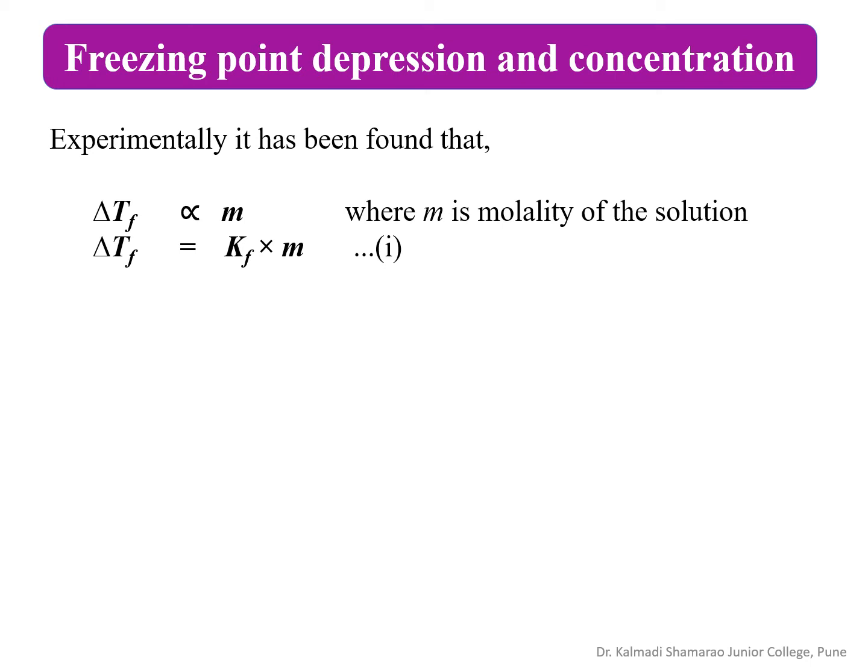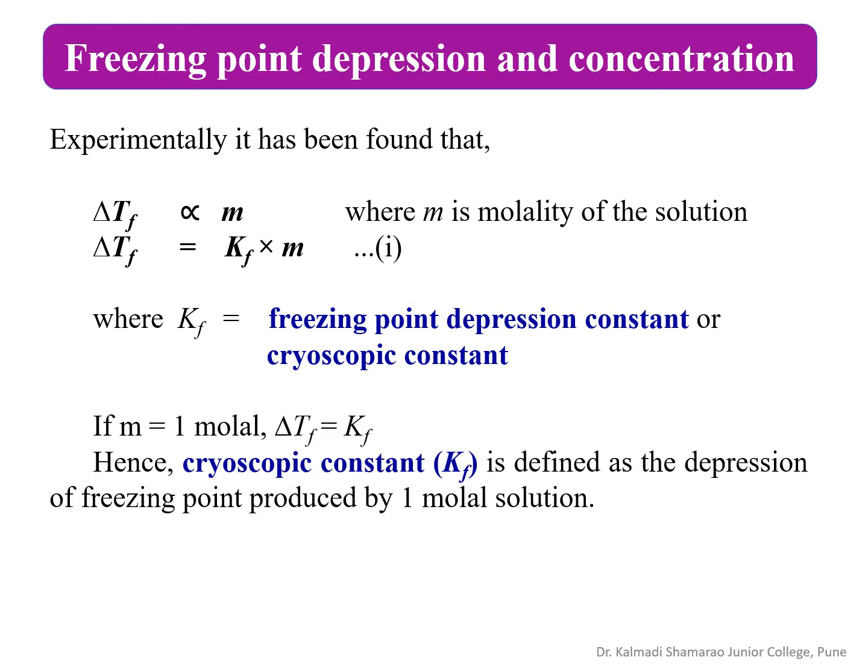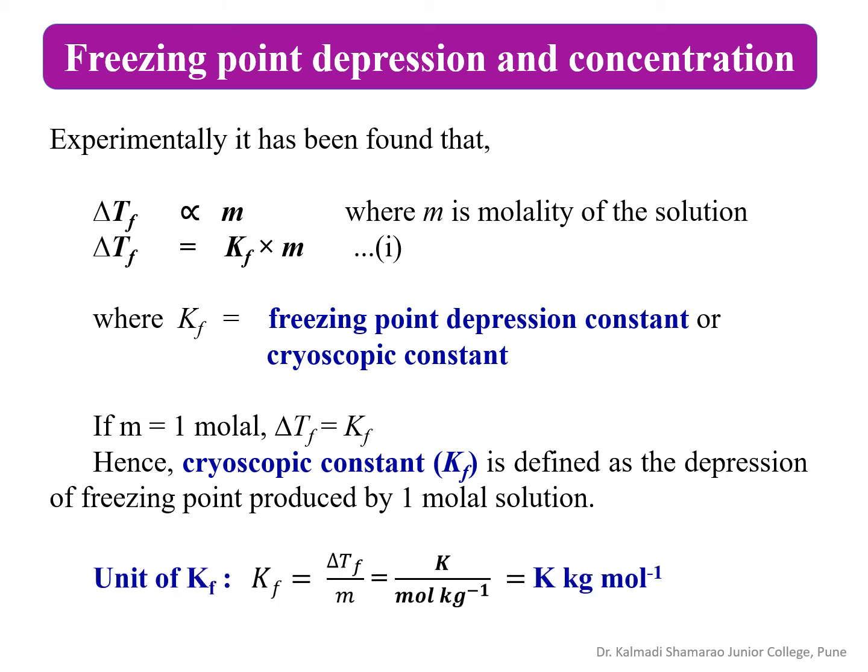Therefore, delta Tf is equal to Kf into m, where Kf is a constant of proportionality, which is called freezing point depression constant or cryoscopic constant. If the molality of the solution is 1, then delta Tf is equal to Kf. Hence, cryoscopic constant Kf is defined as the depression of freezing point produced by a 1 molal solution.